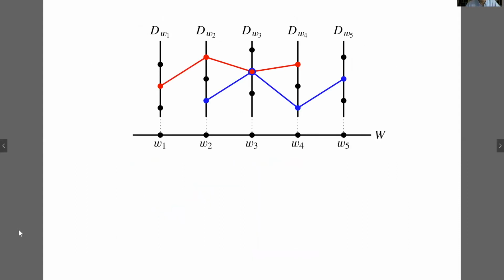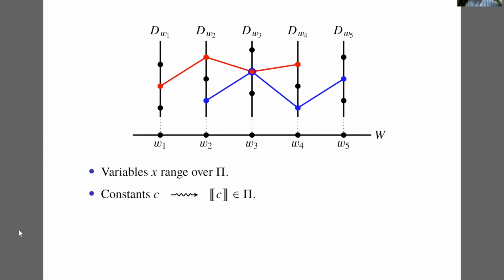And then the difference: unlike in the previous extensional logic, or I should say Kripke's semantics, we interpret all the individual terms in terms of intentions. So variables range over the individual intentions, and constants are interpreted by individual intentions.